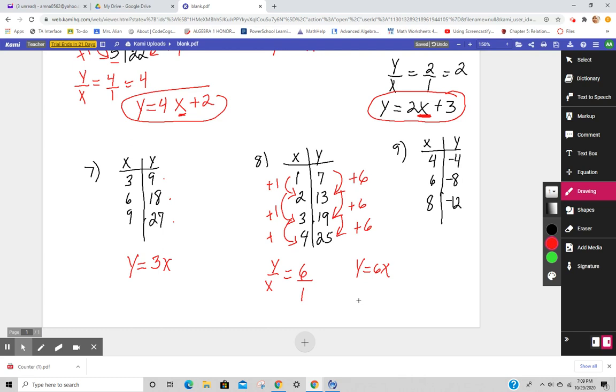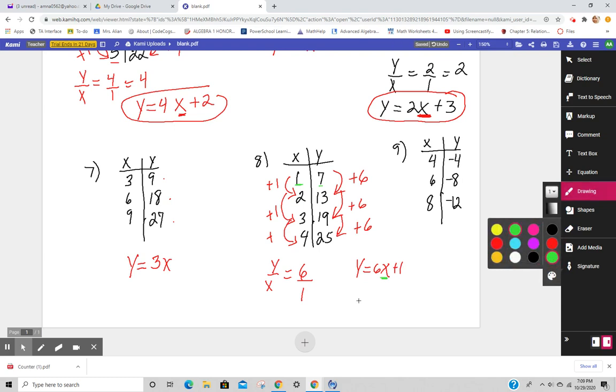But let's check. Let x be 1. 6 times 1 is 6, but my total is 7. What do I have to do? If you said add 1, that is correct, because 6 times 1 is 6 plus 1 is 7.